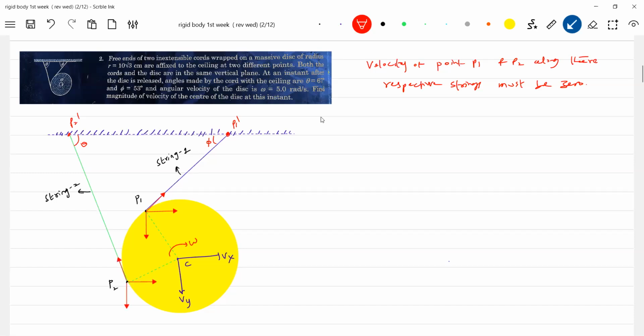The string which is wrapped will be tangential. This should be equal to r omega. Vx, Vy. This is r omega. What can be this angle? This angle should be phi.